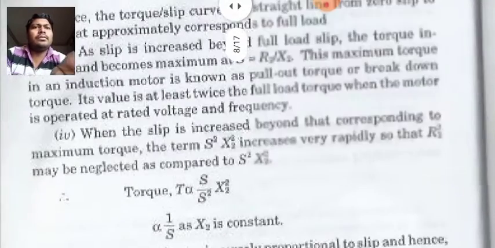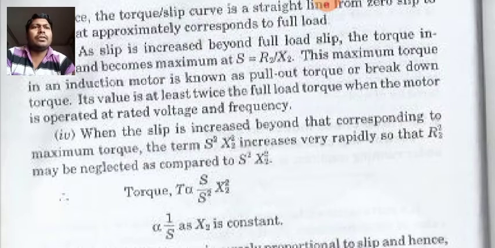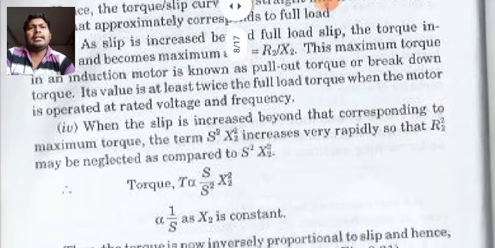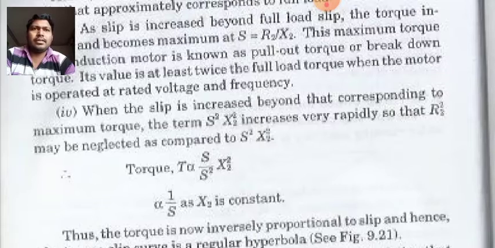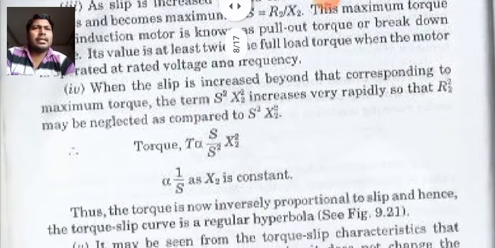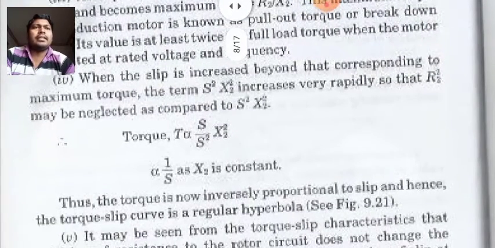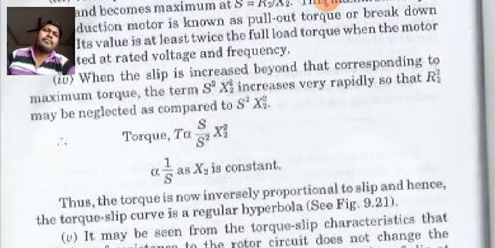Its value is at least twice the full load torque when the motor is operated at rated voltage and frequency. When the slip is increased beyond that corresponding to maximum torque, the term S square X2 square increases very rapidly, so that R2 square may be neglected as compared to S square X2 square, and therefore torque is proportional to S divided by S square into X2 square.